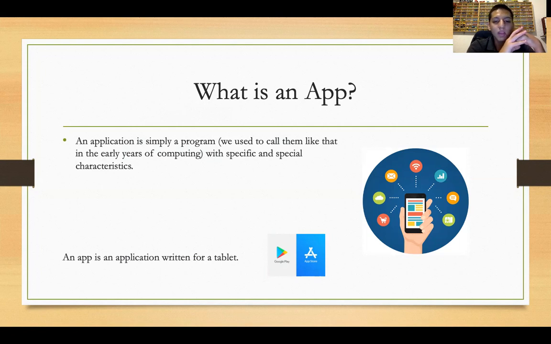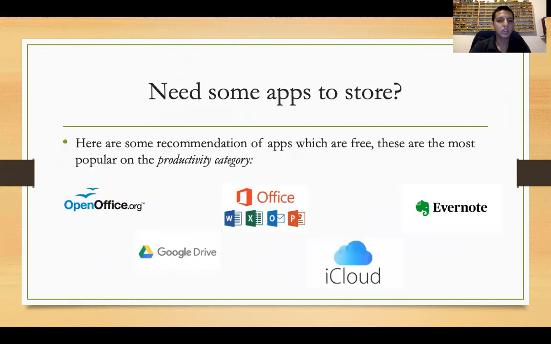And the main app stores that we use on our cell phones are the Apple Store, which is the one that uses the smartphones of Apple, like these ones. And the other one is the Google Store that manages cell phones like these ones, that are, if I'm not wrong, Android systems.